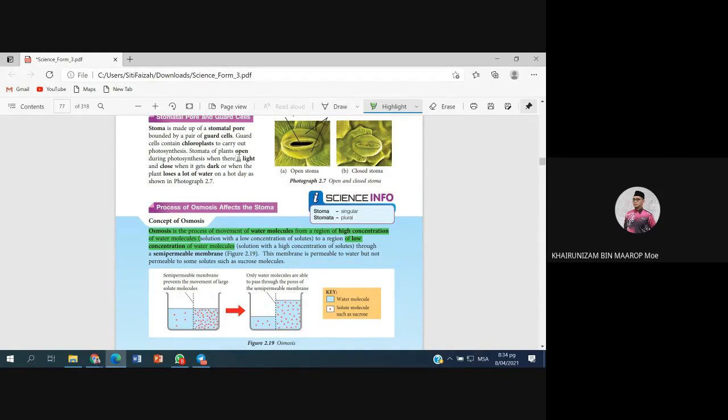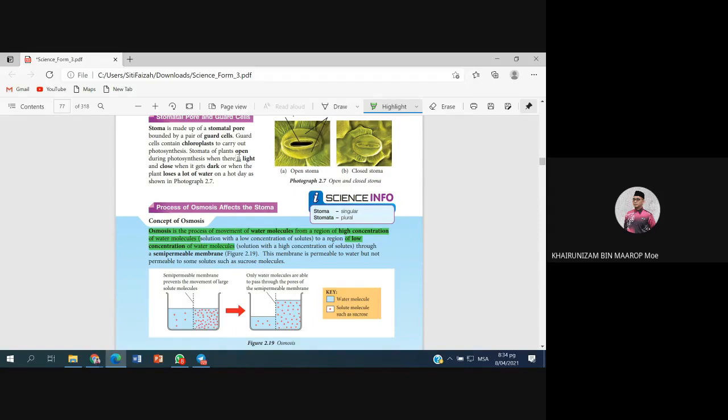So from that, when the leaf absorb carbon dioxide, the process photosynthesis occur, so that one will produce the glucose. So the glucose will increase the osmotic concentration of the gut cell.